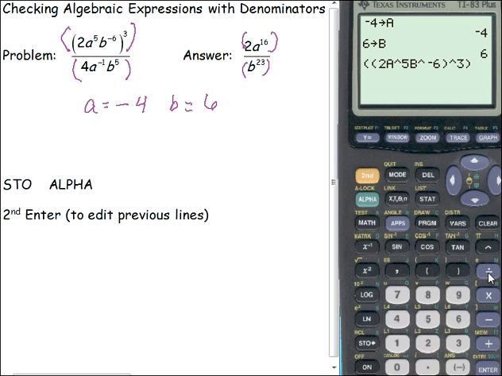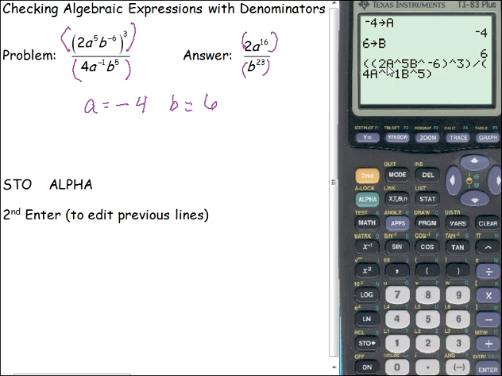And then hit divided by, open parentheses, 4 alpha a raised to the -1, b, which is alpha apps, raised to the 5th. And that's the end of the expression. Before hitting enter to see what its value is, I'm going to double check it.